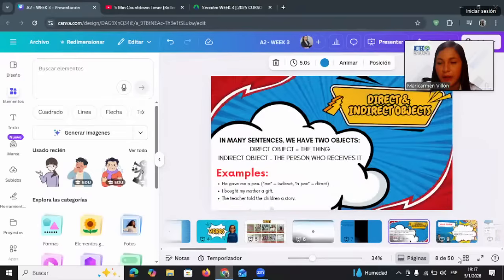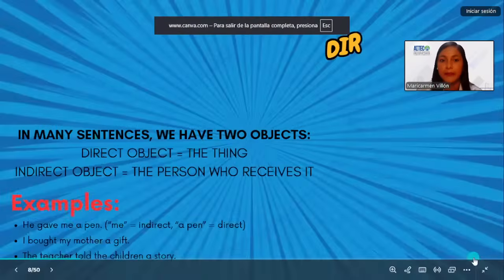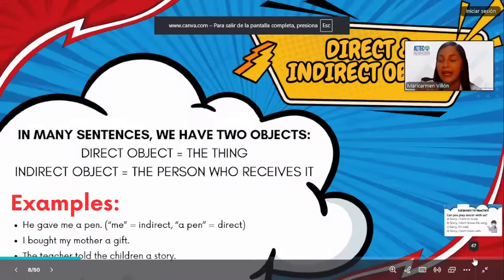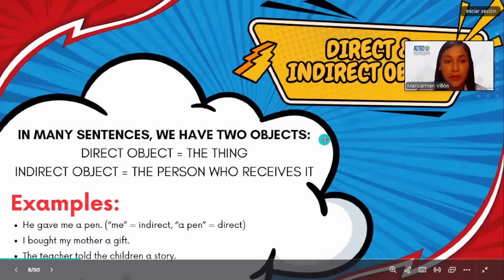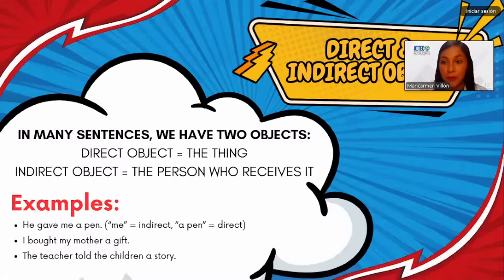Okay. So I'm going to start explaining direct and indirect objects, right? Pay attention to this. In many sentences, we have two objects. That's what it says here, right? So, in many sentences, we have two objects. En muchas de las oraciones, nosotros tenemos dos objetos. Y es aquí donde arrancamos el contenido. We got direct and indirect, right?